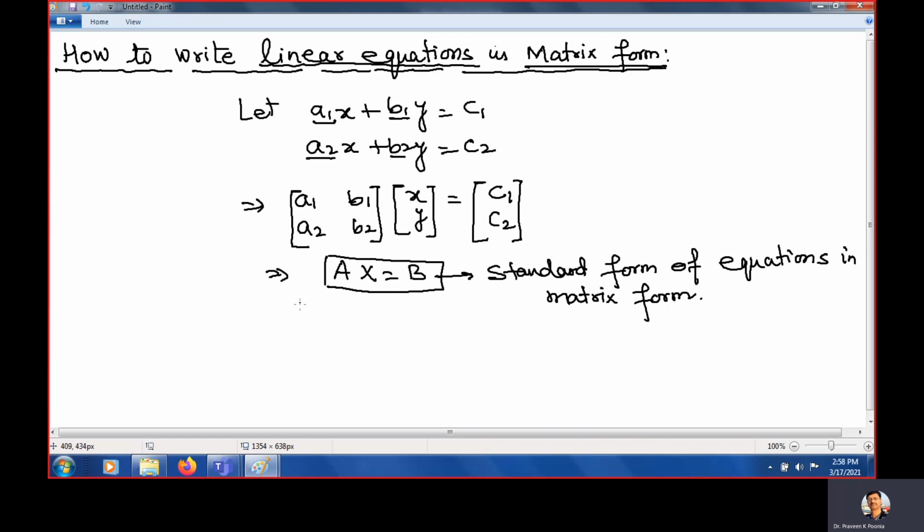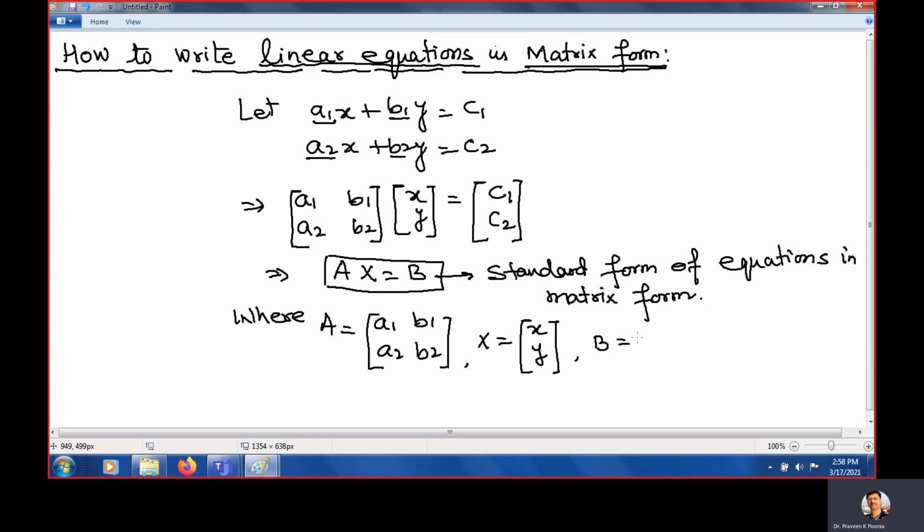Okay, so what is A here? Where A equals a1, b1, a2, b2, X equals x, y, and B equals c1, c2. This is how to write the linear equations into matrix form.